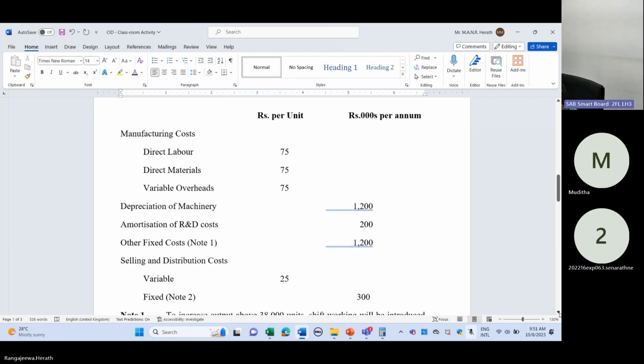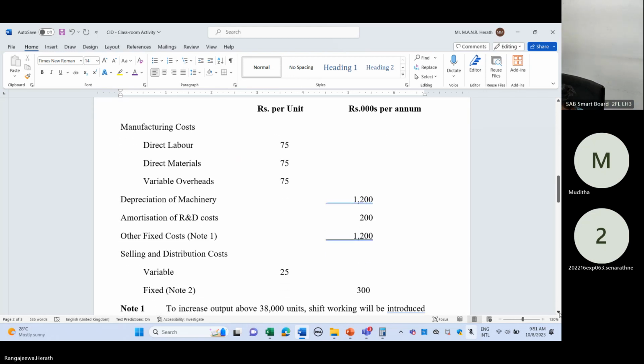Selling and distribution: variable 25, fixed 300. Right.